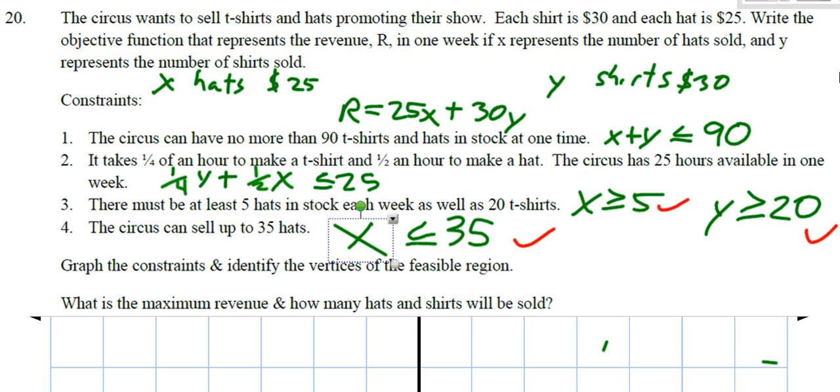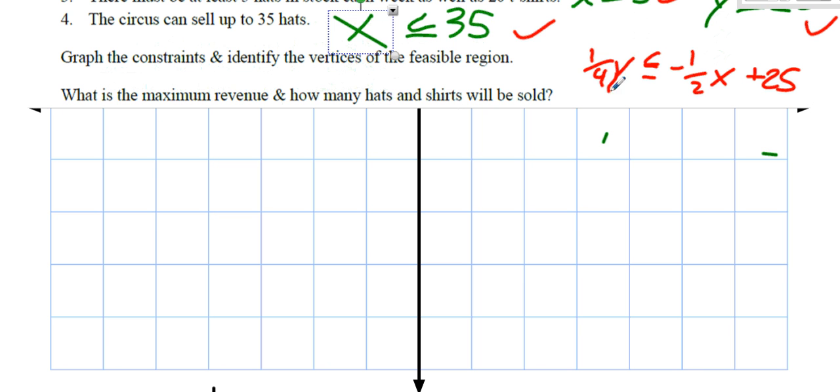Got one more equation we need to graph, the 1/4 y. So let's get that to slope-intercept form to finish this off. It's going to be less than or equal to negative 1/2 x plus 25. And then multiply everything by 4. So you get y is less than or equal to negative 4 over 2 is negative 2x plus 100.